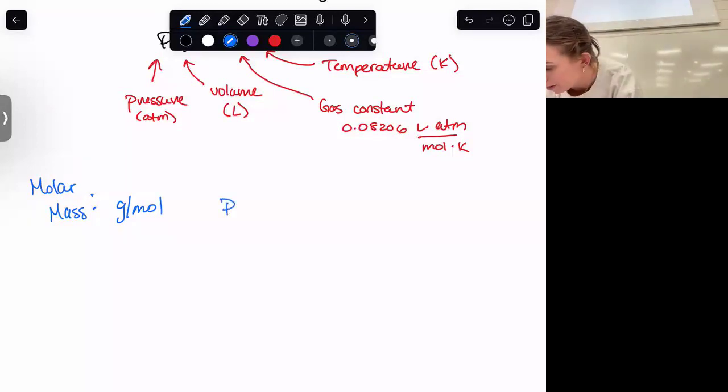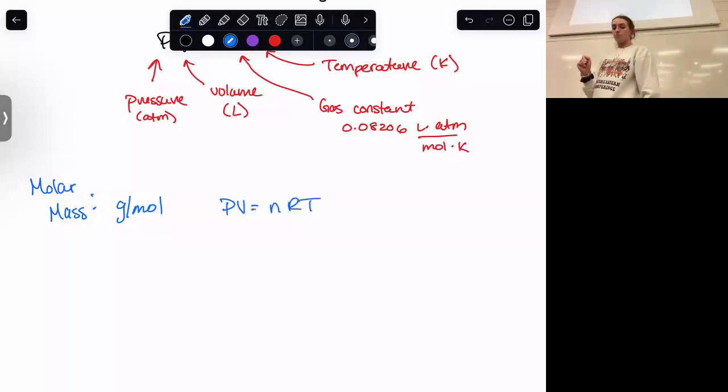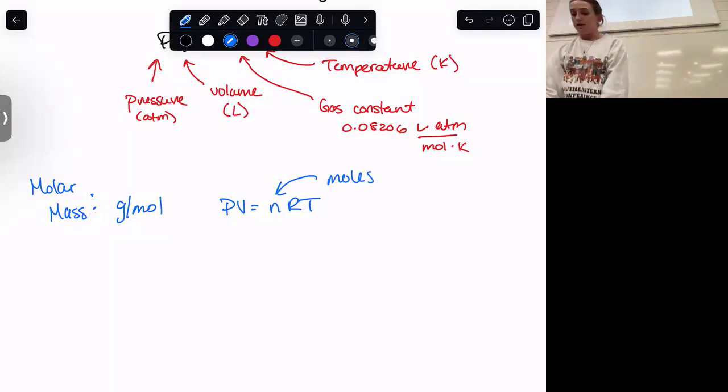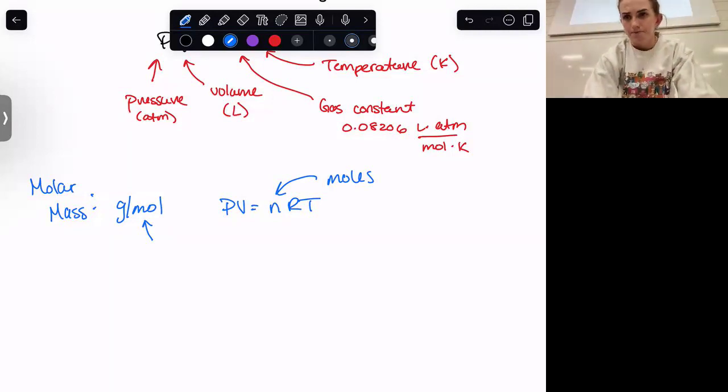We said we have pressure times volume is equal to moles times RT. So your n here is in moles, and that's going to be this mole component here. So you're able to substitute in and rearrange PV equals nRT so that you can solve for the identity of a gas.